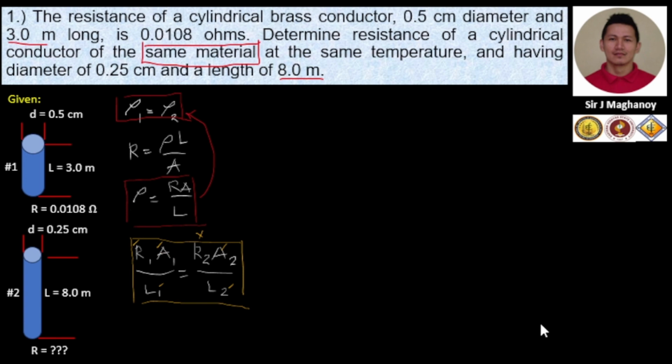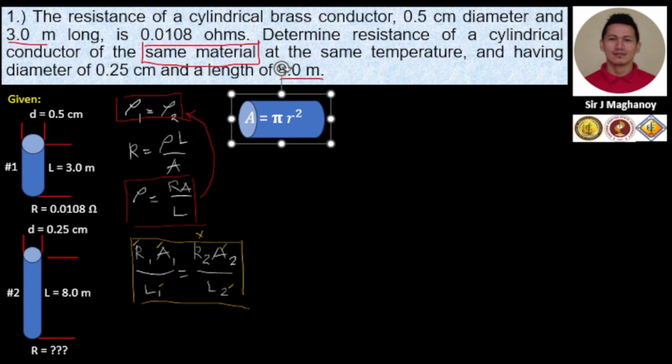Since the conductor is cylindrical, the cross-sectional area is pi r squared.